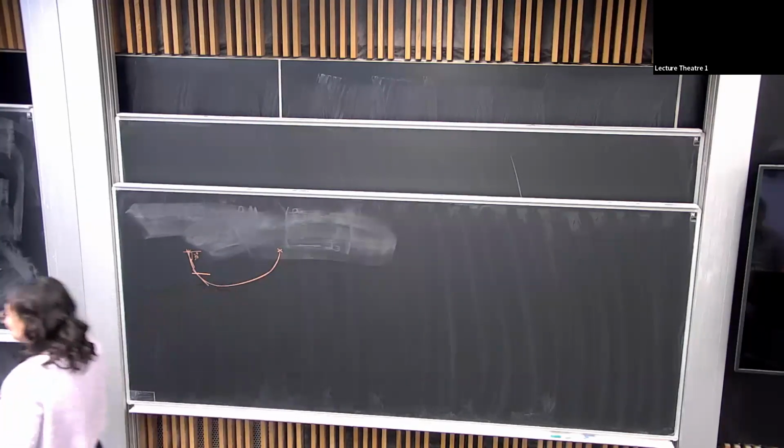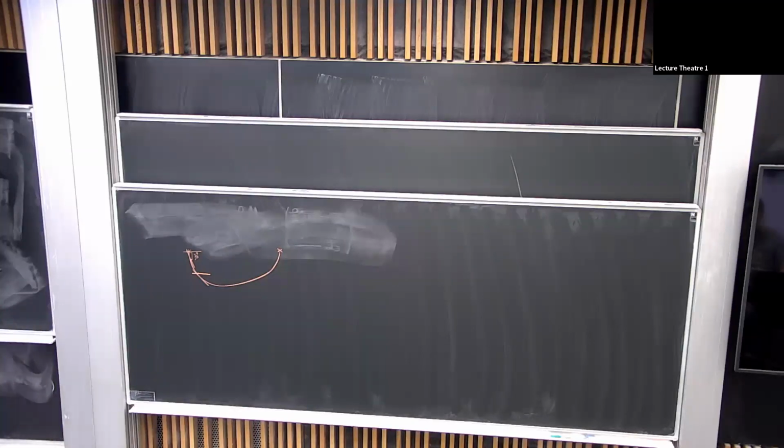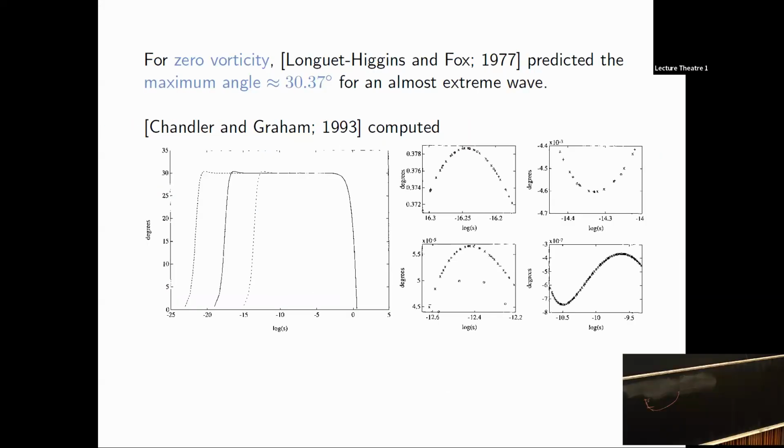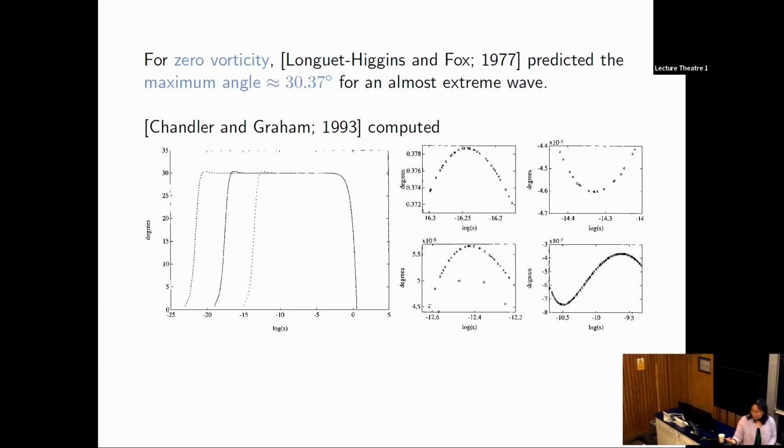That is a known result. So it came as a surprise when Longuet-Higgins and Fox predicted that if you're talking about a non-extreme wave, then this angle can be bigger than 30 degrees. In fact, if you're close to an almost extreme wave, but not the extreme wave, then this maximum angle takes a limit, and the limit is 34.7 degrees.